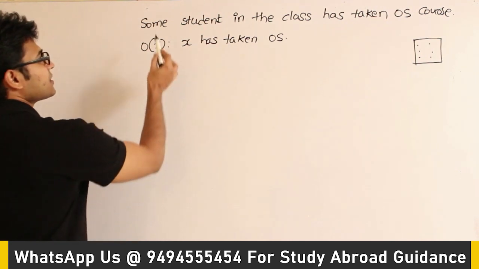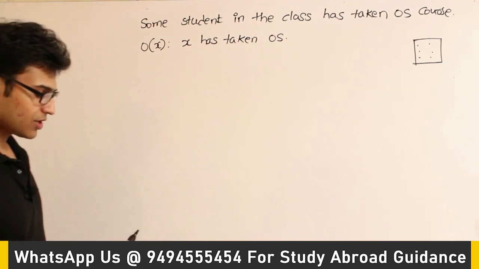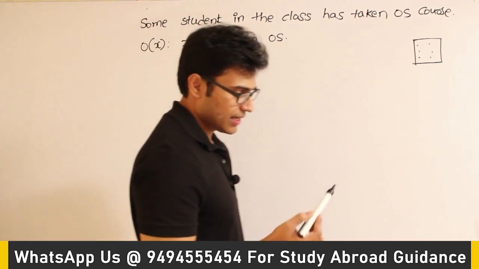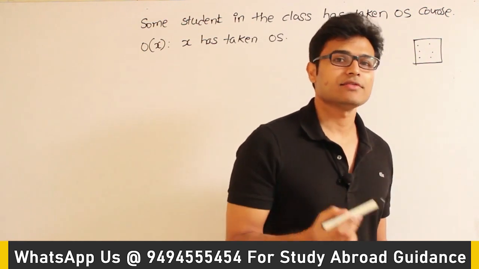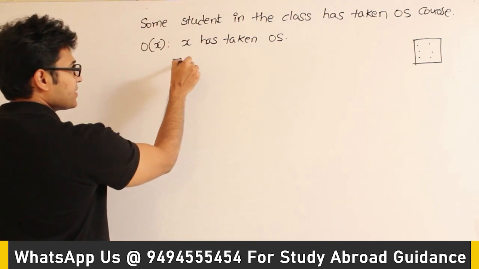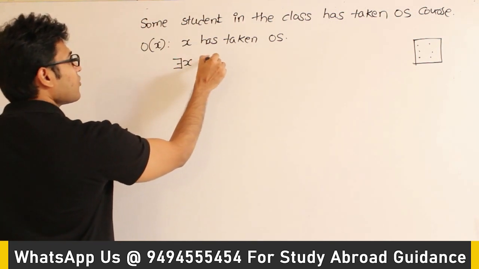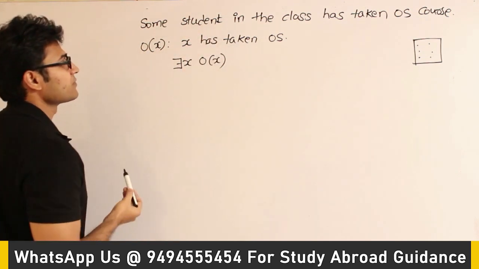Now in order to represent this one, some student in the class has taken operating system. What does it mean? The other way of writing it is, there exists at least one student in the class in such a way that he has taken the operating system. Therefore it is there exists X, O of X. This is enough to represent this given statement.